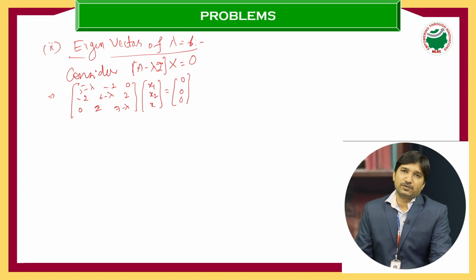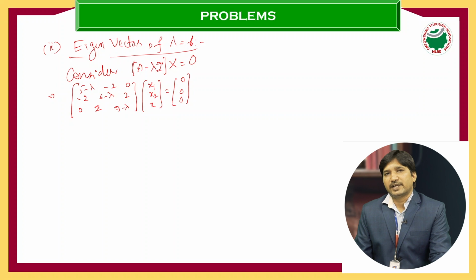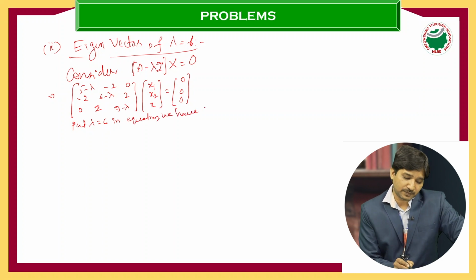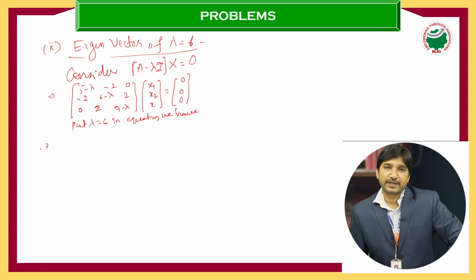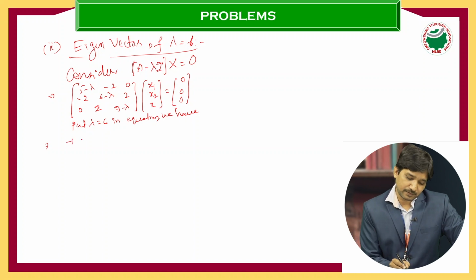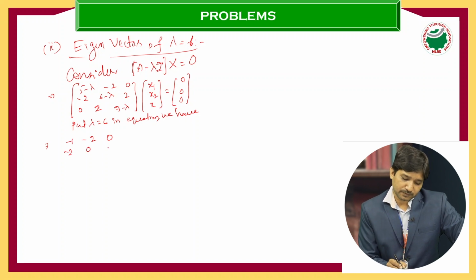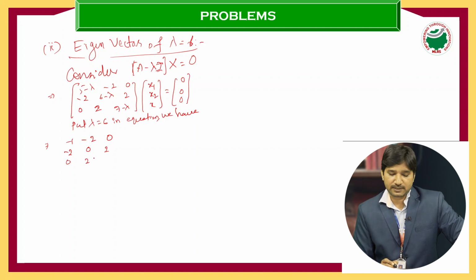Now substitute lambda equal to 6 to find the corresponding eigenvector. Putting lambda equal to 6 in the above equation: 5 minus 6 is minus 1, minus 2, 0; minus 2, 6 minus 6 is 0, 2; 0, 2, 7 minus 6 is 1.